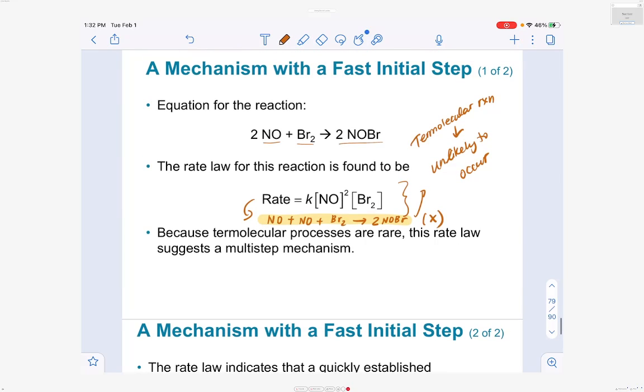So again, same as before, the overall reaction is given, the overall rate law is given, okay? And we are already provided the information that the initial step, or step one, is faster, okay? With the three pieces of experimentally found and provided information, we want to propose a step one and step two mechanism. Okay, that's what we're doing.